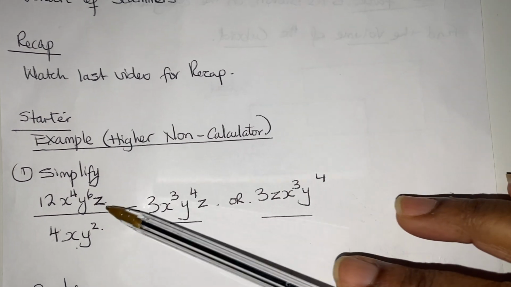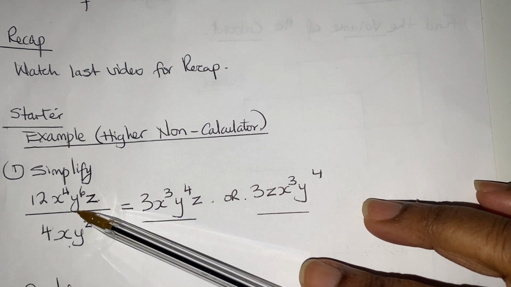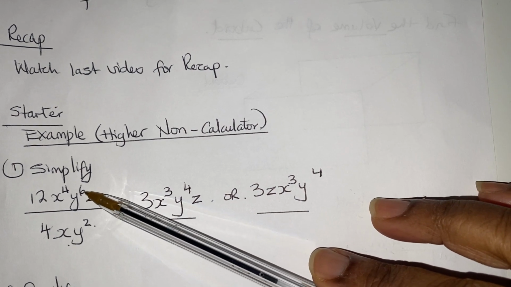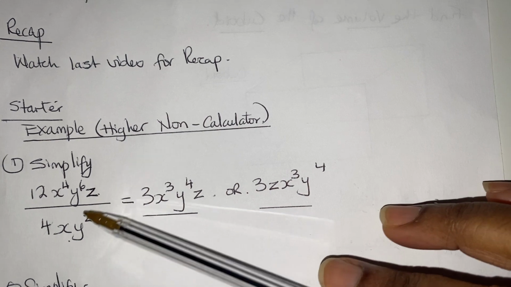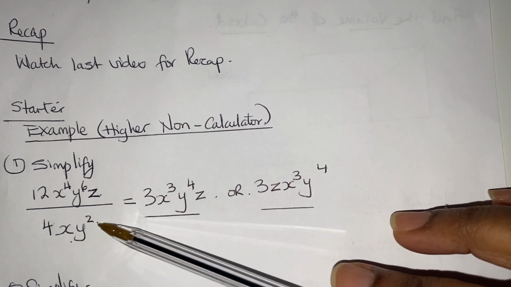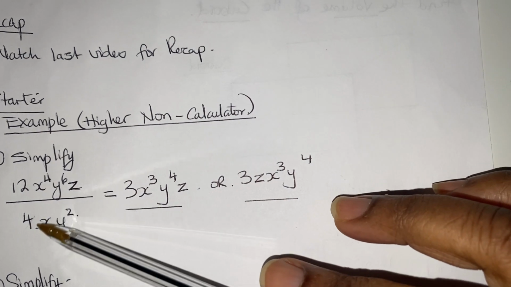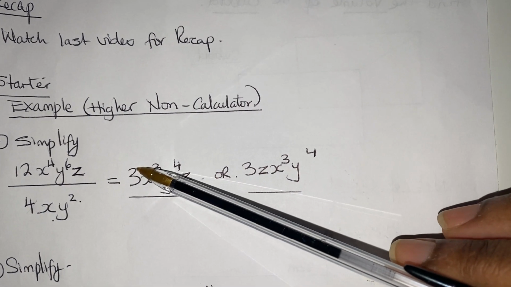Okay, simplify 12x to the power 4 y to the power 6 z divided by 4xy squared. Now 4 goes into 12 3 times.